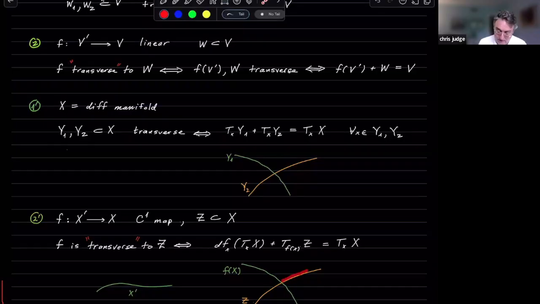So here's the tangent space to Z, here's the image of the tangent space under the differential of the map F, and together these two span the entire tangent space.